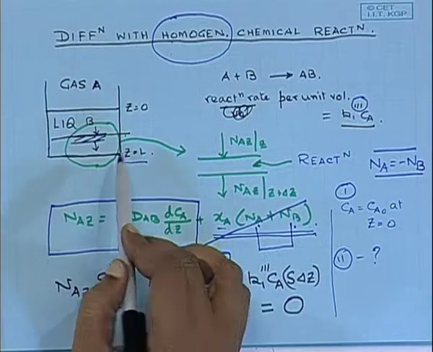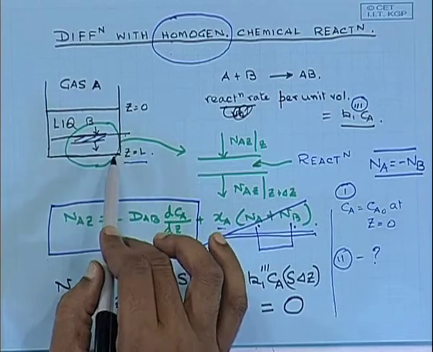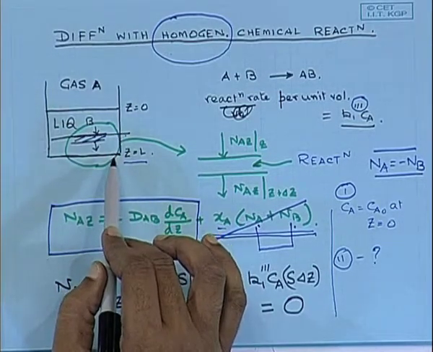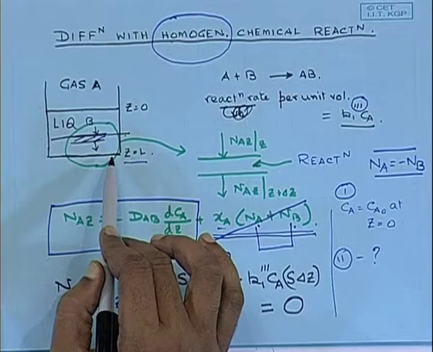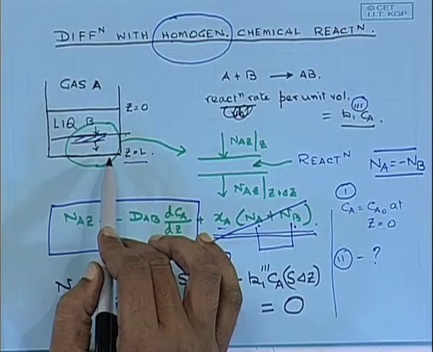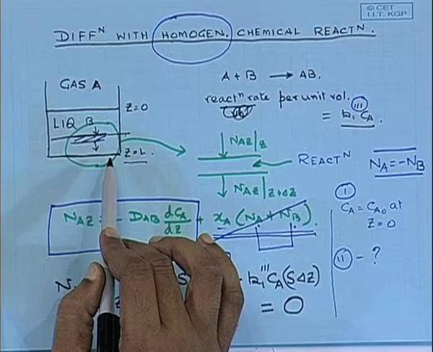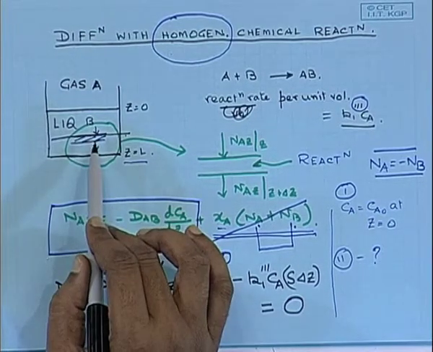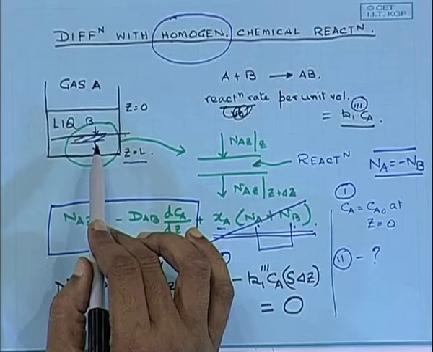Okay. This is not right, but can you tell me how to make Ca equal to 0? What do you have to say to make Ca equal to 0? The reaction has a finite rate.